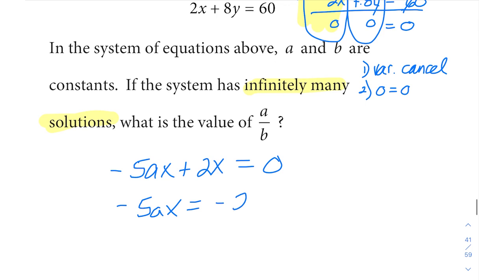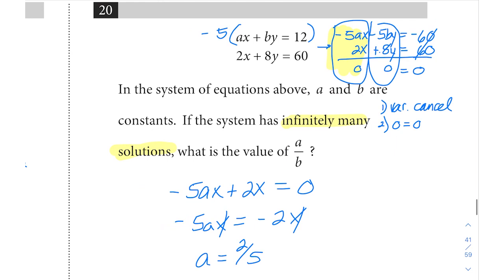-5ax equals -2x. You can divide by x to cancel those, and divide by -5 to get that a is 2/5. Now let's do the same thing for the other piece. So here we have -5by plus 8y equals 0.